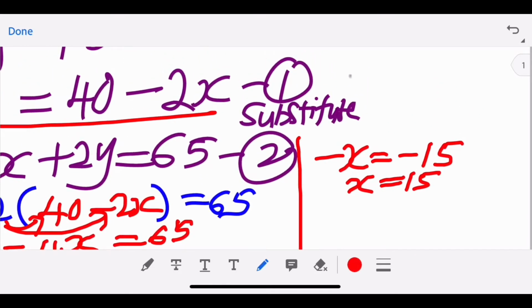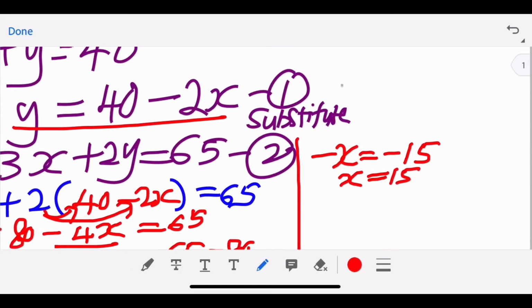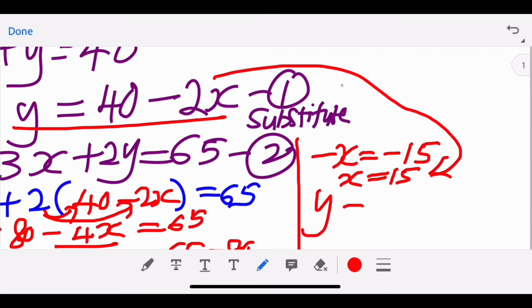Because this is a simultaneous equation, you need to substitute the x you just got into equation number 1. You can choose number 2, but I think number 1 is easier. So you take 40 minus 2 times 15.